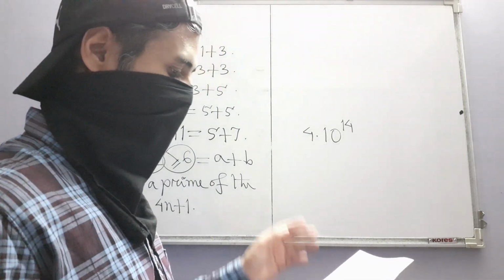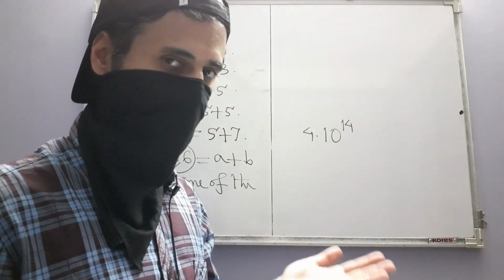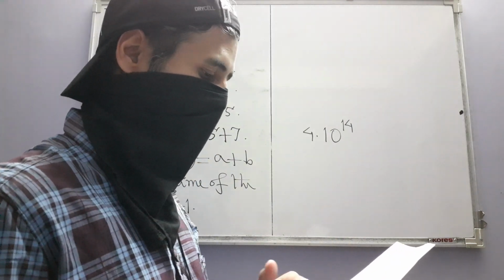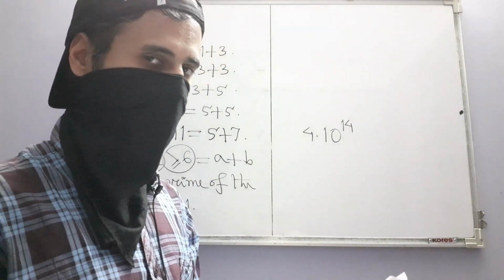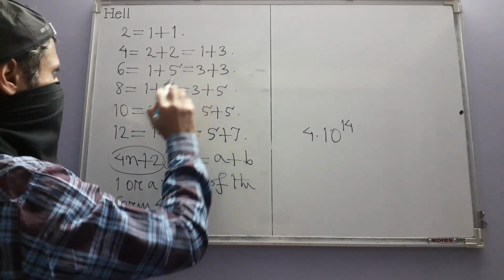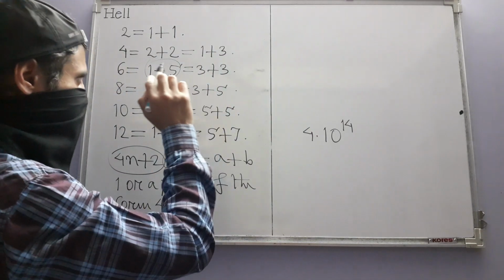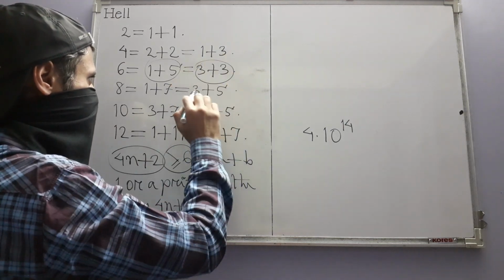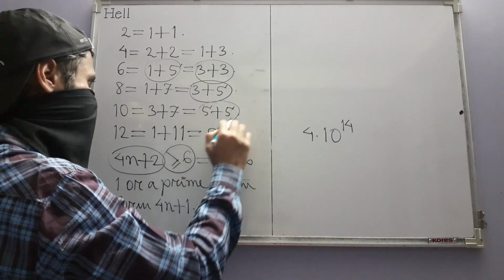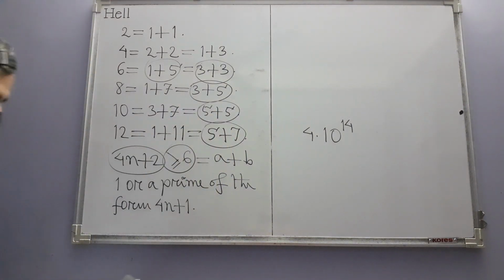As integers become larger and larger, the number of ways of writing them as a sum of 2 primes increases. After some time you find that you do not really have to rely on this 1 plus something else. You can find 2 primes such that the given integer is a sum of 2 primes.